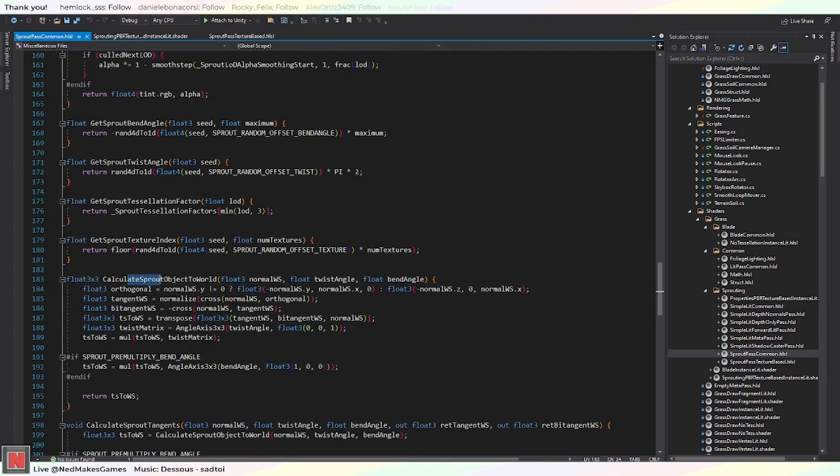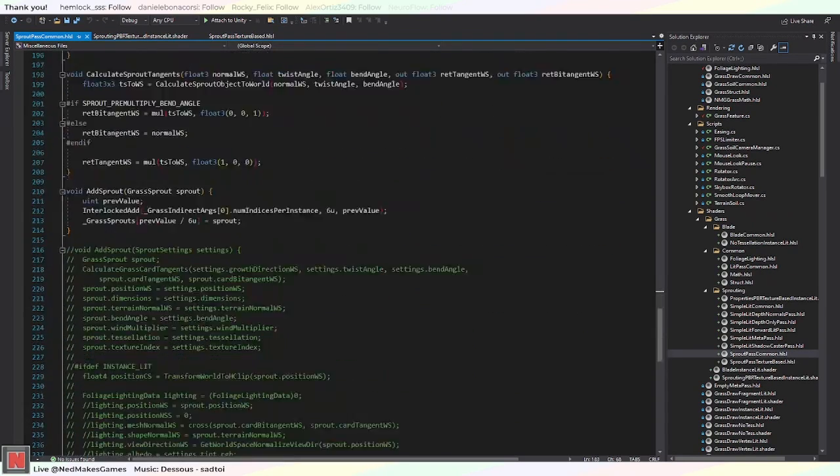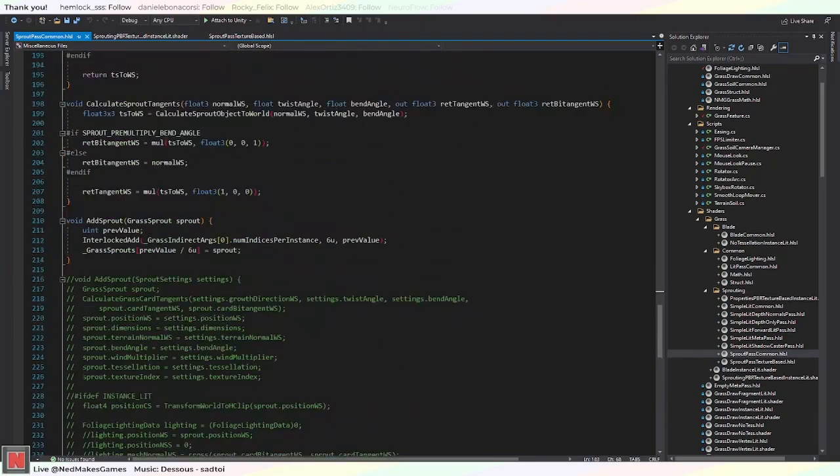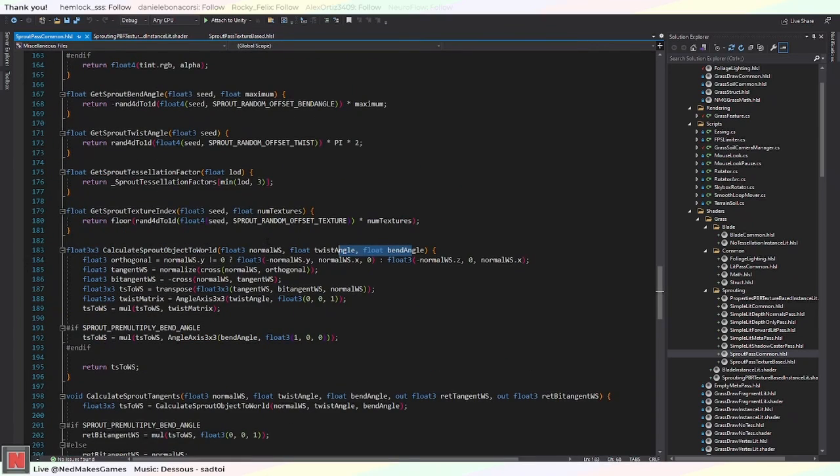Then here we calculate, given the twist and bend, we made a transformation matrix, but the thing is, I think the new system... Okay, well, I guess this twist can be tied into the bitangent and stuff.